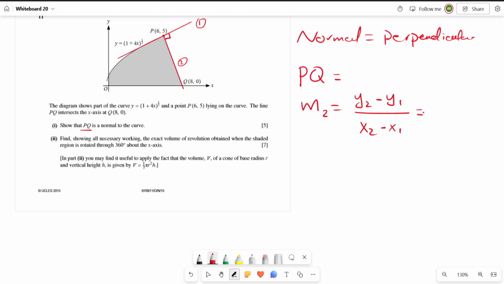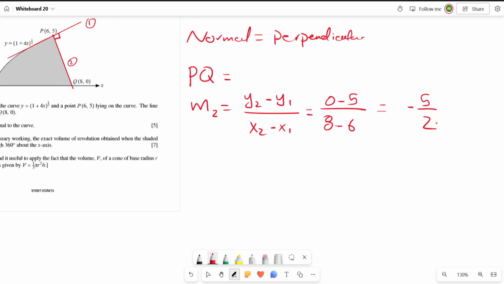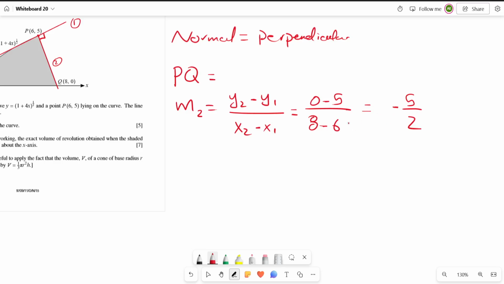So over here, m2 equals, let's say this is point 2 and this is point 1, the y of point 2 is 0, minus the y of point 1, which is 5, over the x of point 2, which is 8, minus the x of point 1, which is 6. That gives me an answer of negative 5 over 2. So this is my slope m2 for line 2.